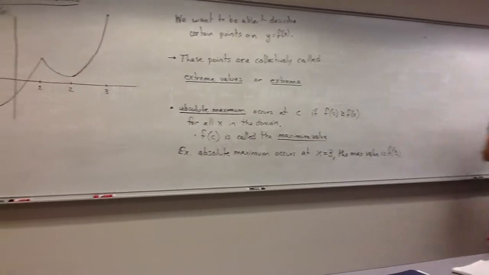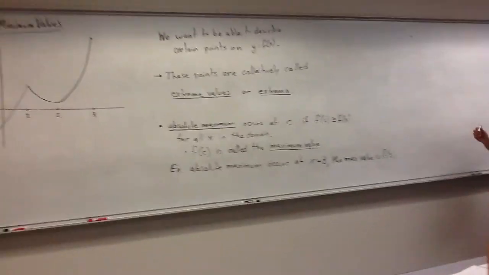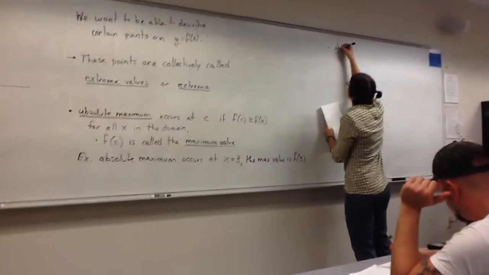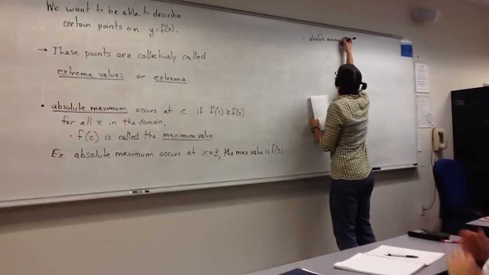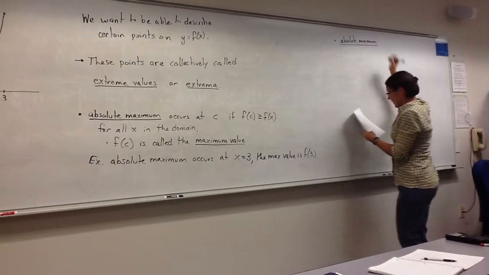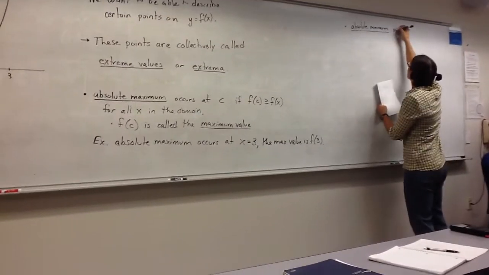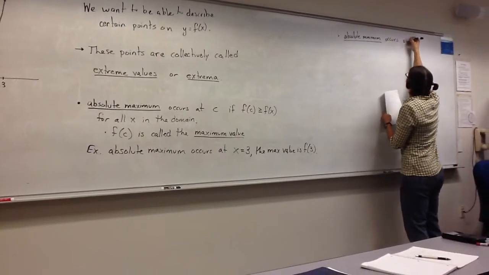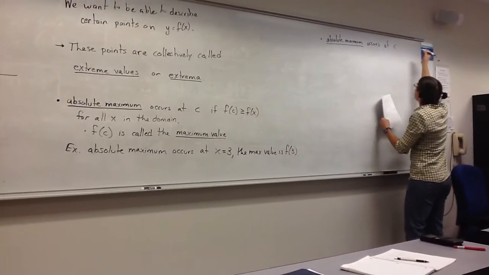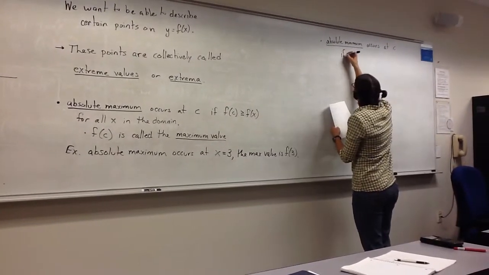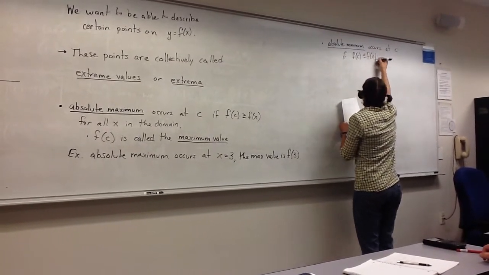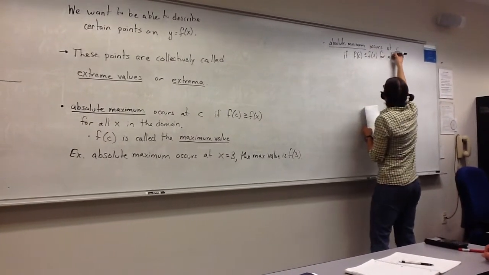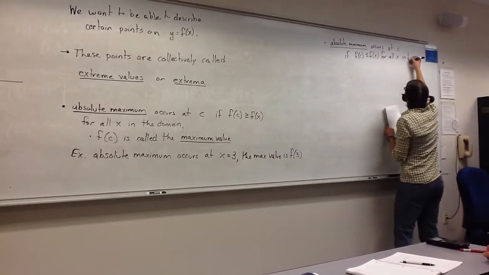All right, our next definition is pretty similar, but instead of an absolute maximum, we're going to talk about an absolute minimum. So an absolute minimum occurs at an x value of c if f of c is less than or equal to f of x for all x in the domain.